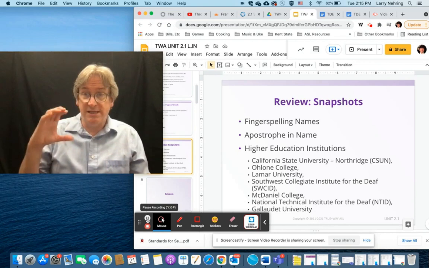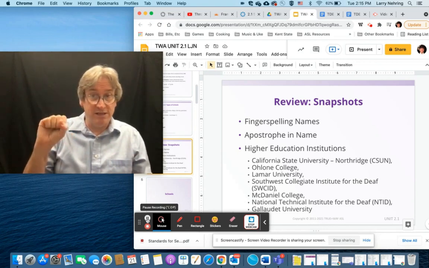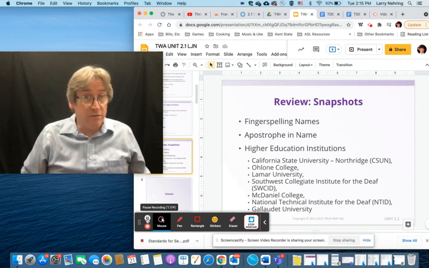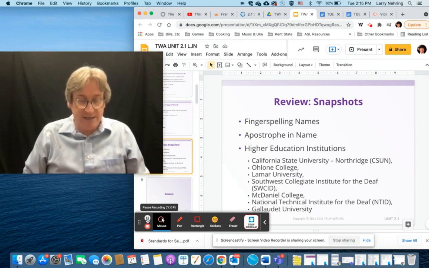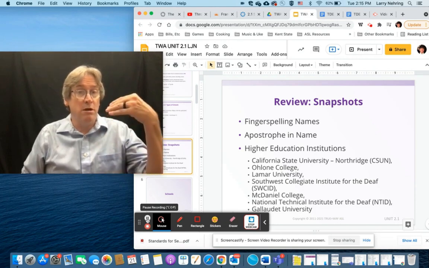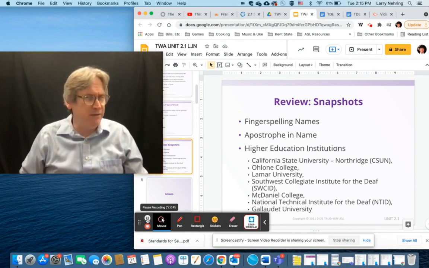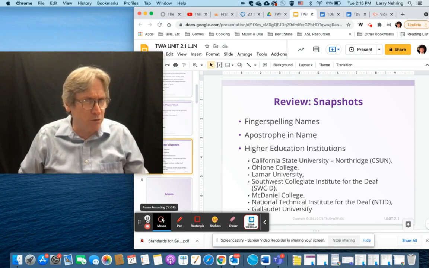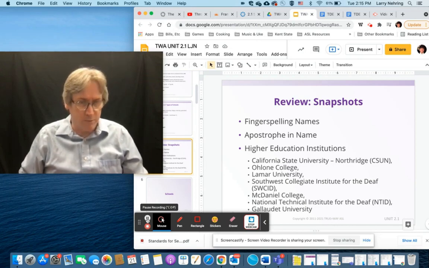So the first one, CSUN, California State University at Northridge. That is in California. It's one of the state universities, and it has a deaf education program and a number of programs for ASL and deaf education. I believe it probably even, I think it has an interpreting program as well. I'm not 100% sure.